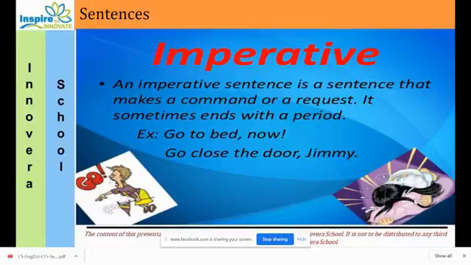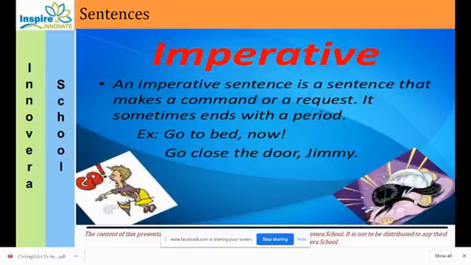Okay. So now if I say, give me a glass of water, the moment I say it, it means I am giving you an instruction. It is an instruction. So whenever you see such a sentence, these are imperative sentences, where we are passing some order, some instruction.